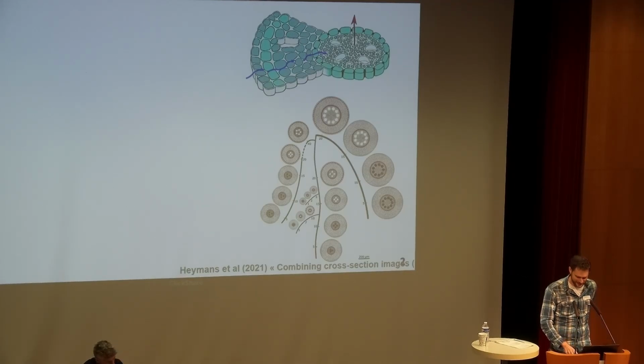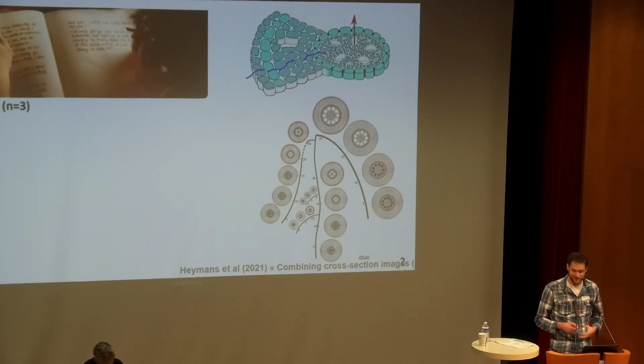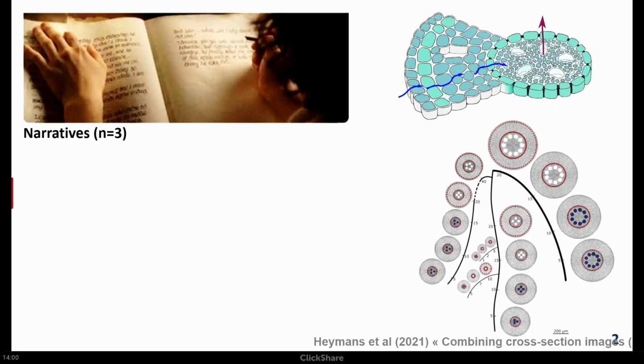And that's why I really like a good story to try to capture the central ideas of that. And in this exercise, I'm just going to propose 3 different narratives. And you will see that the first one involves gatekeeper cells and aquaporins. And I really like this word gatekeeper because it already carries some kind of story with it.